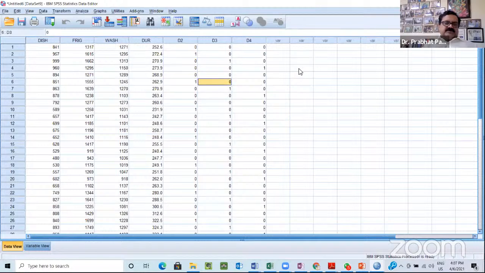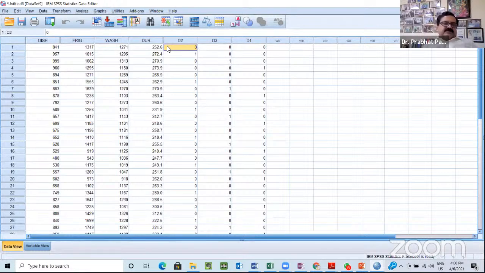For quarter 1, the value is 1 and the rest are 0, 0, 0. Quarter 2 is given 1 here, this is for quarter 3, and this is quarter 4. So quarter 1 has been taken as the reference dummy, and this is how the dummy has been created.